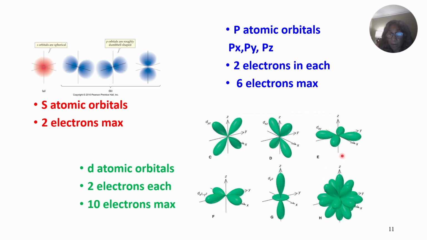When we place them all together, they look like this, but they can hold a max of 10 electrons. So it is 2 electrons max for S, 6 electrons max for P, and 10 electrons max for D, but 2 electrons each.